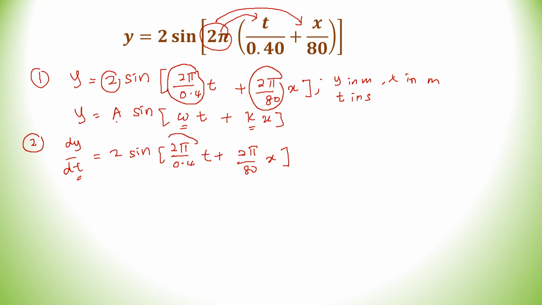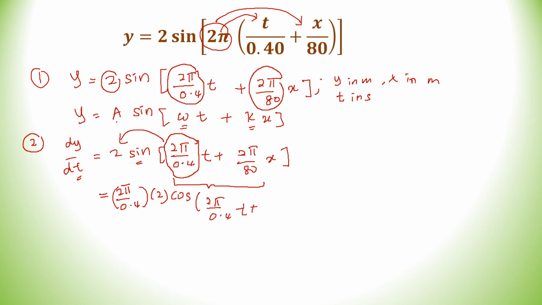So 2 pi over 0.4 saya akan bawa ke depan. So dia akan jadi 2 pi over 0.4, copy number 2. Differentiate sine, we get positive cos. And then copy all in this bracket: 2 pi over 0.4 t plus 2 pi over 80 x. Okay, so this is our dy dt.